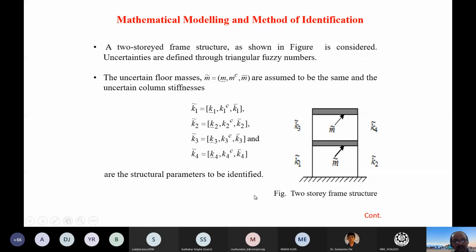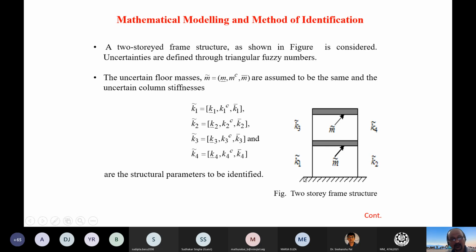Here we have taken a simple problem to make you understand. Suppose I have this two-story frame structure where K1, K2, K3, K4 are the stiffnesses of these columns. Again, we are considering uncertainty here. The mass is in terms of TFN, and the stiffness is also in terms of TFN.